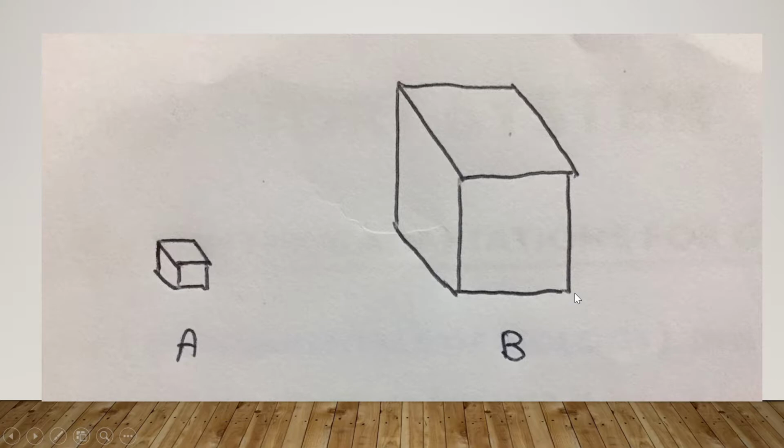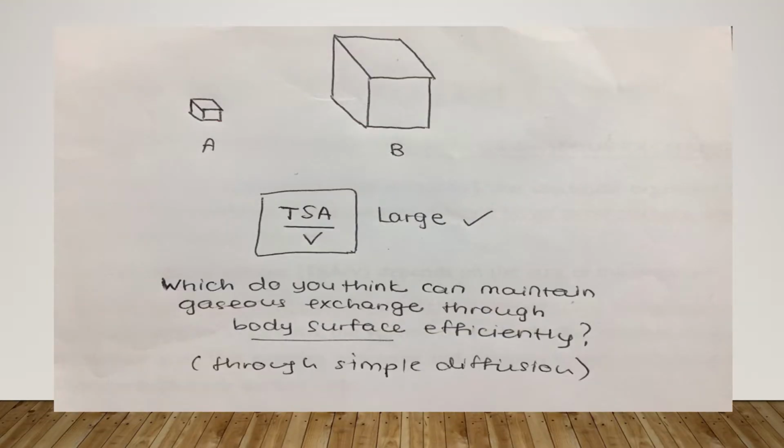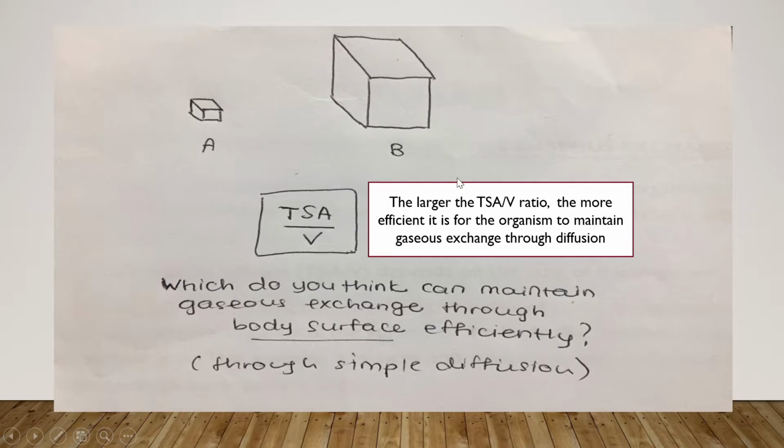The larger the TSA to volume ratio, the more efficient it is for the organism to maintain gaseous exchange through diffusion with the surrounding.